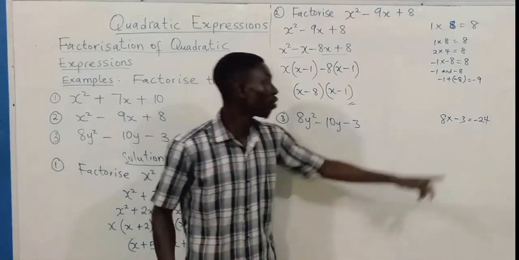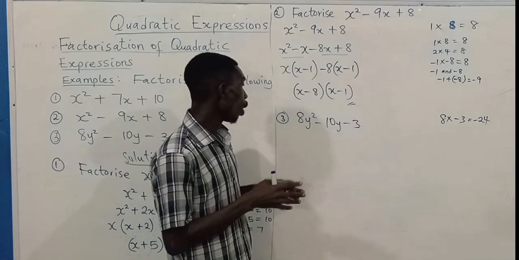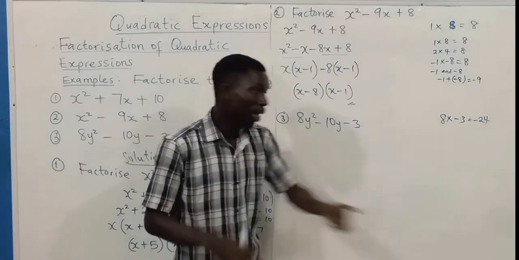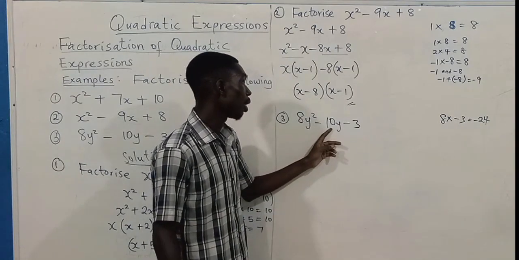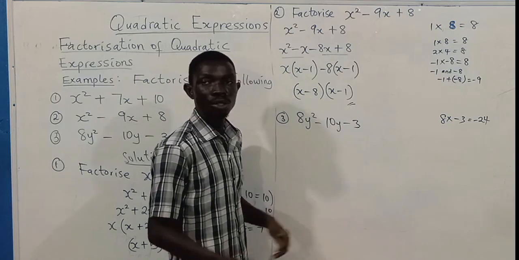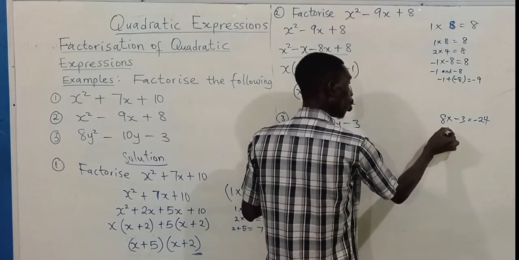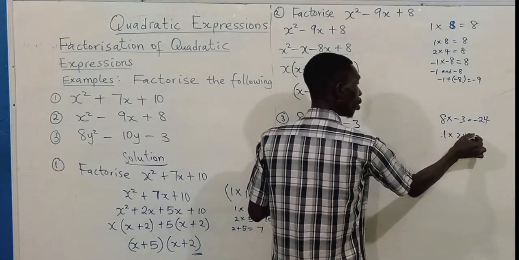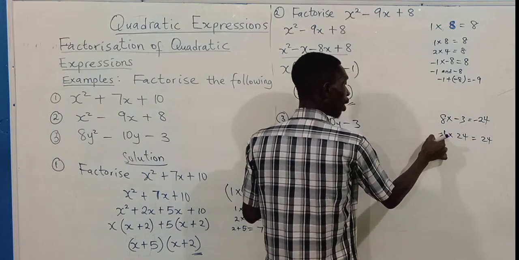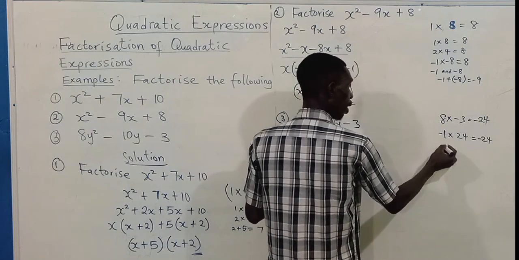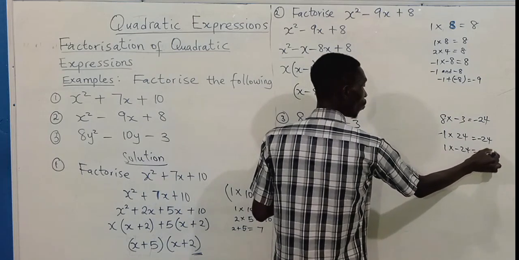Two factors of minus 24, such that when we multiply them, we'll get minus 24, and when we add them up, we are going to get minus 10. So we have 1 times 24 is 24, but we are looking at a negative case, so the minus can be here, or we can say 1 times minus 24 is also minus 24.